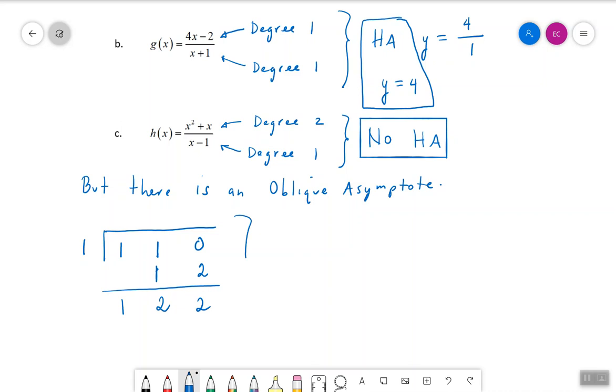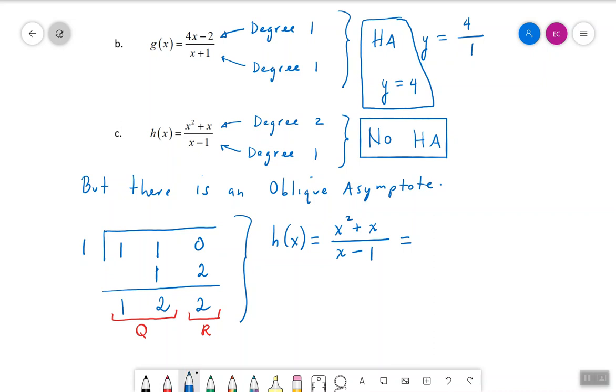And so what does this tell us? This tells us that h of x can be rewritten in the following form. A good review from section 3.2: there's the quotient represented by those two numbers, and the remainder represented by the last number.